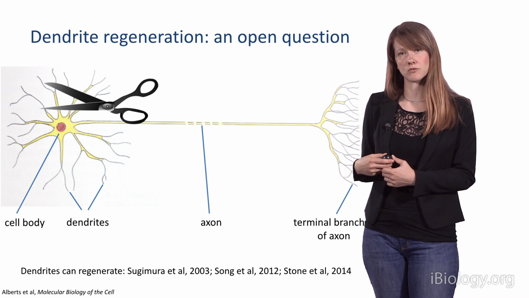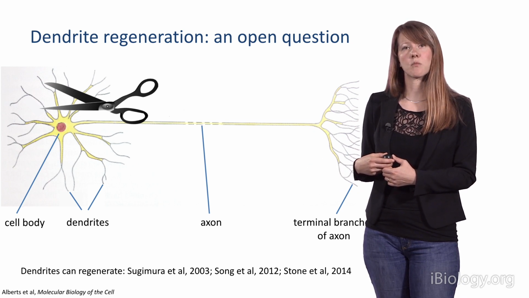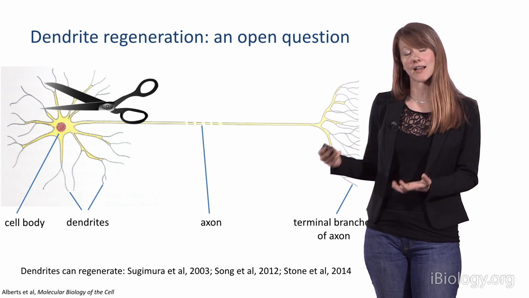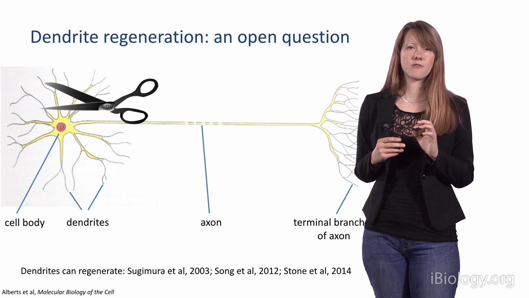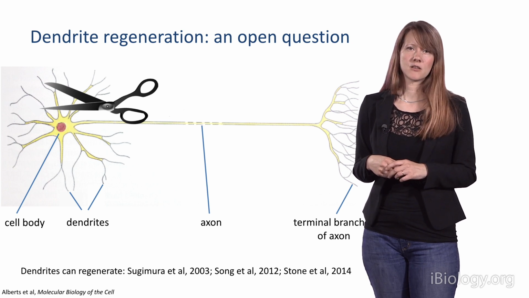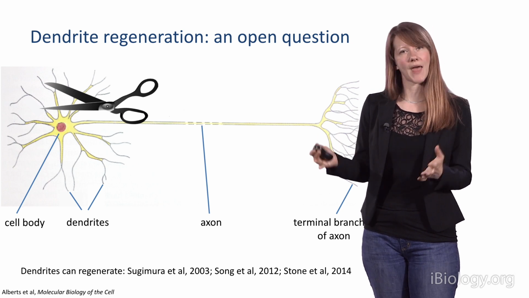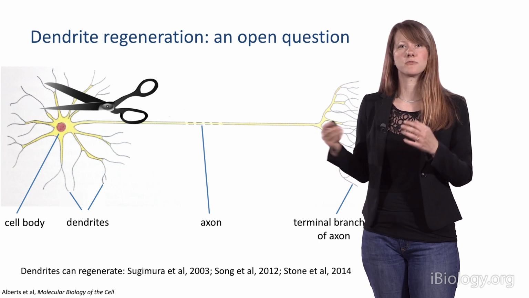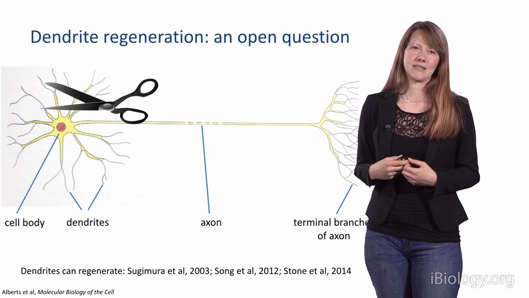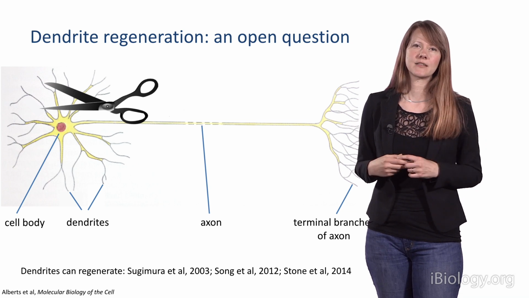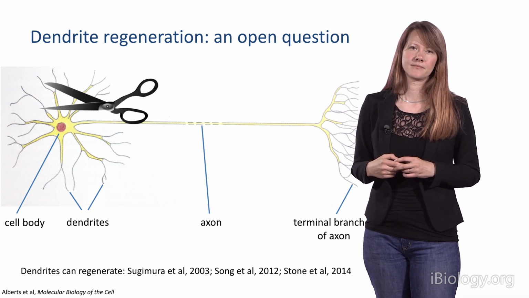They looked at mutant neurons that were defective for axon regeneration, and they found that the dendrite regeneration happened just fine. So what that means is that we can't copy and paste our knowledge of how axons regenerate and expect the same thing to apply to the dendrites. Something different, something new is at play.